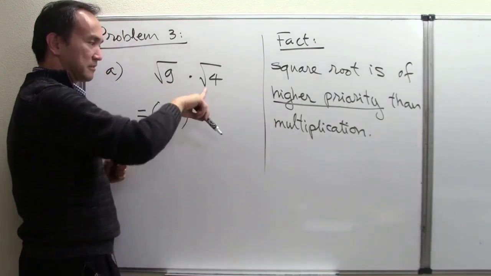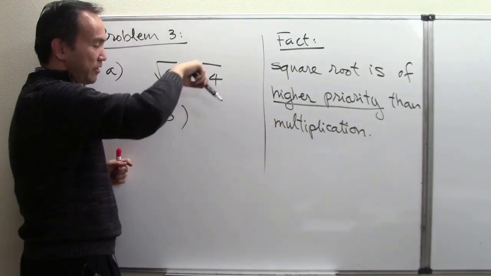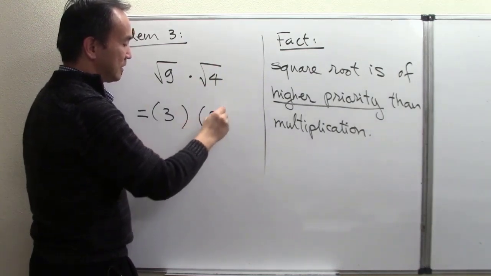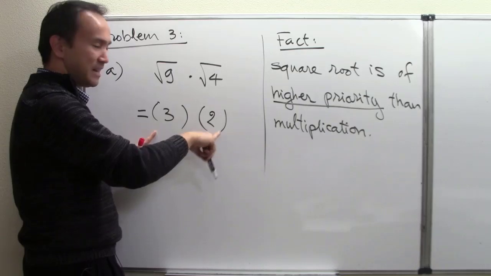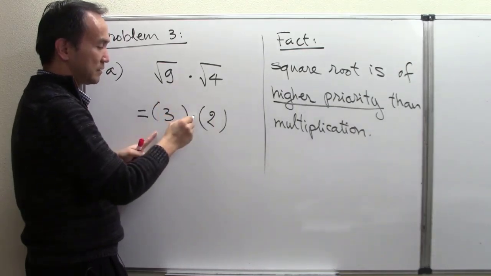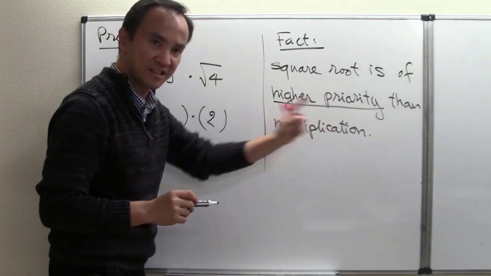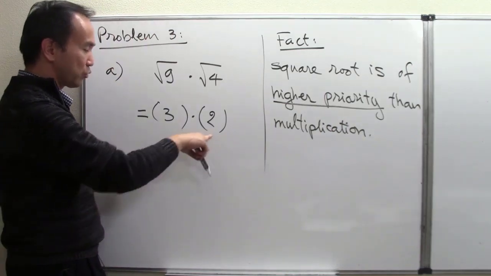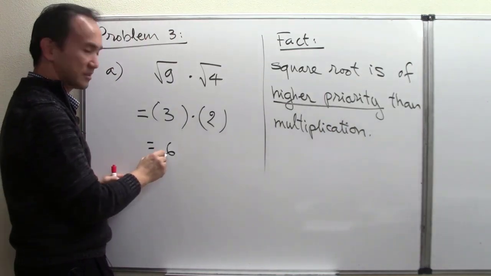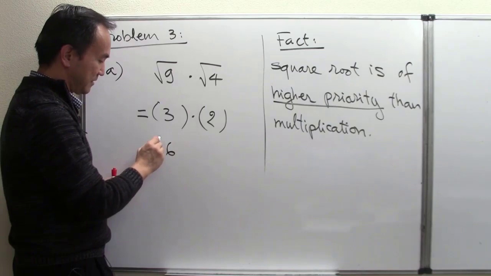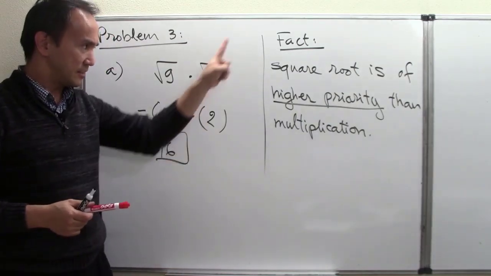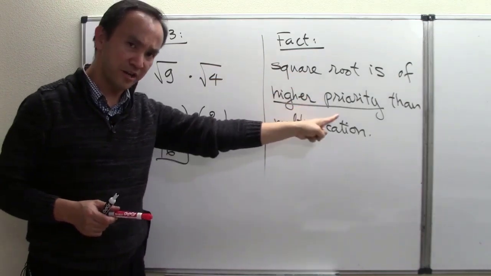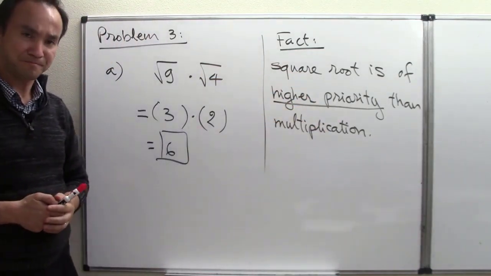On the other hand, the square root of 4 will give me a 2. Now I have done taking the square root of the two values. The next step is to multiply. Multiplying 3 and 2, I'm getting 6 as the usual calculation goes. What we've learned from this little problem is that square root is of higher priority than multiplication.